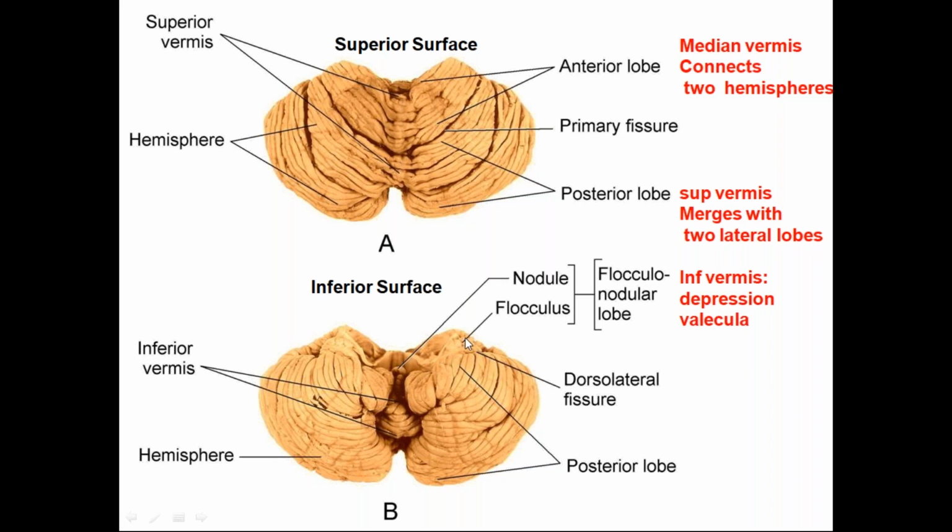The nodule in the center, and this is called the flocculus. So it is separated from the entire cerebellum by a fissure called the dorsolateral fissure.